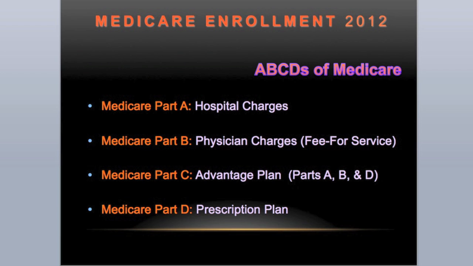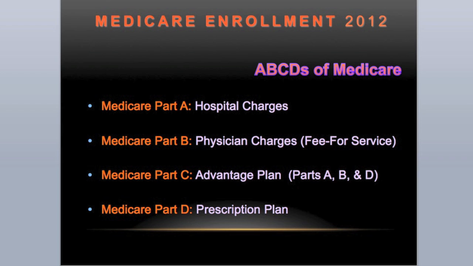Before we proceed, let us talk about the ABCDs of Medicare. Medicare has several different programs. And these programs are recognized by the letters A, B, C, and D. The Medicare Part A refers to hospital charges.